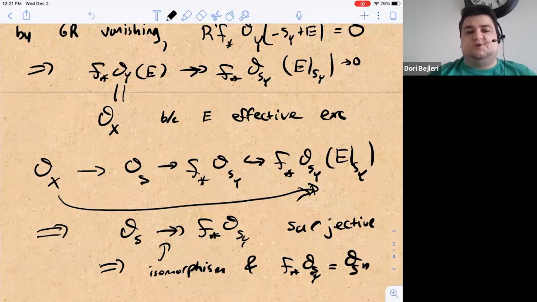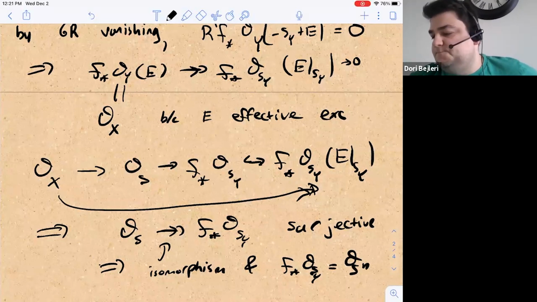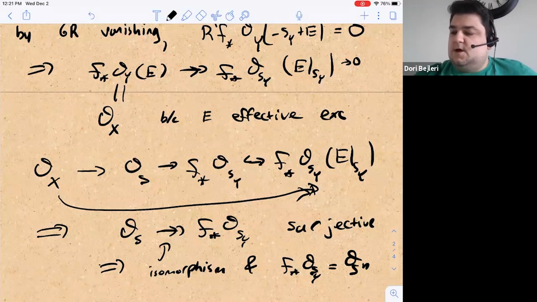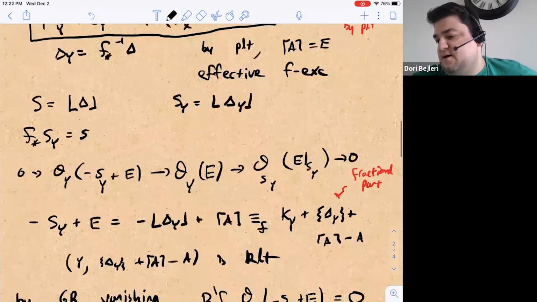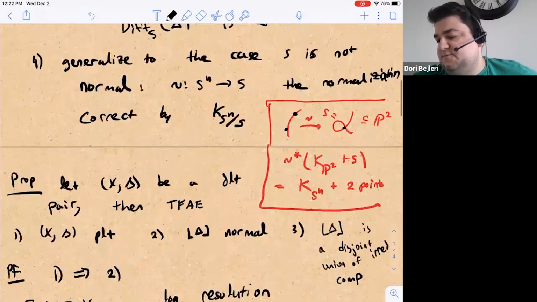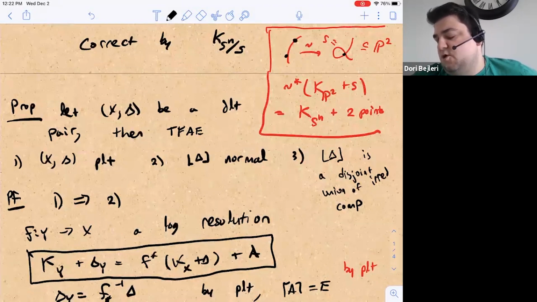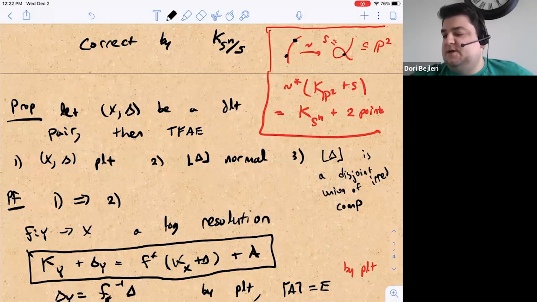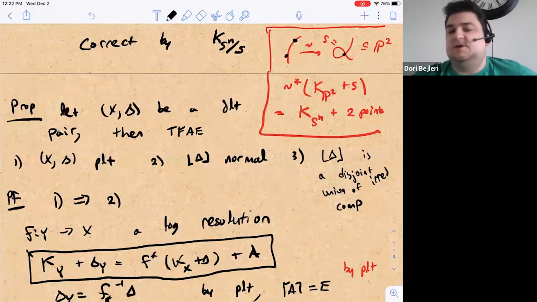And so we've shown that S is normal. Okay. So then what are the other pieces of the proposition? The components being normal implies 3 just by definition of normality. 3 implies 1 by the computation of discrepancies.